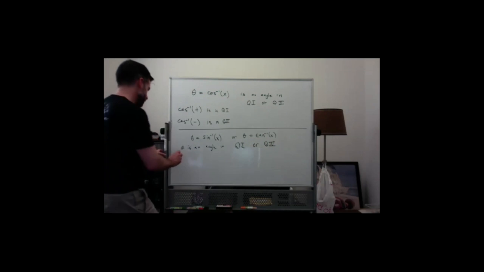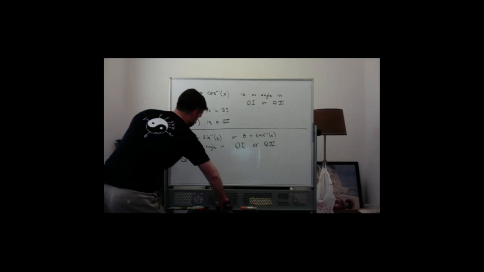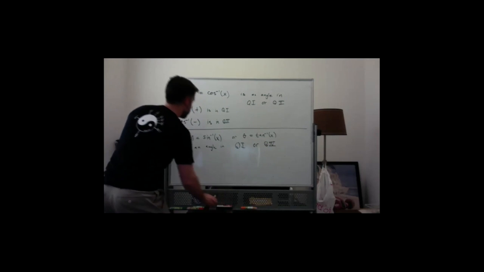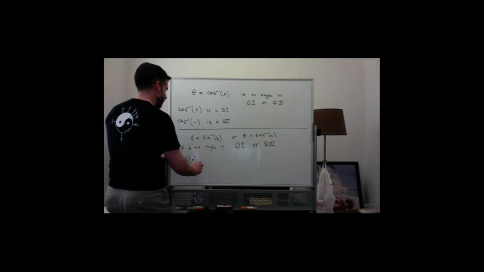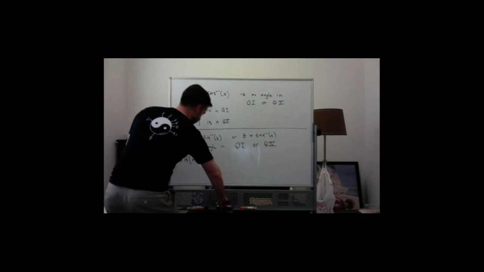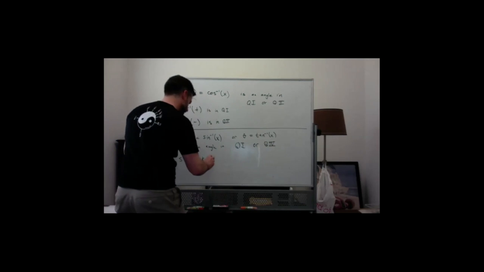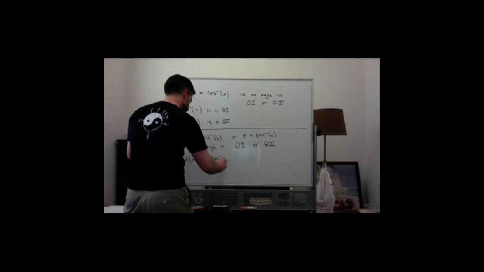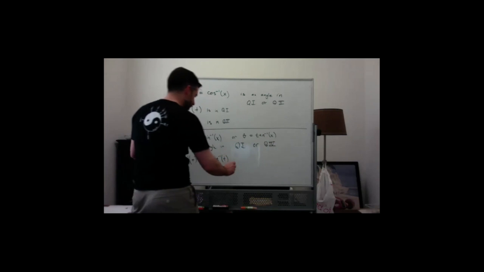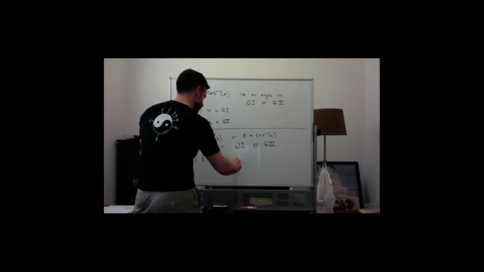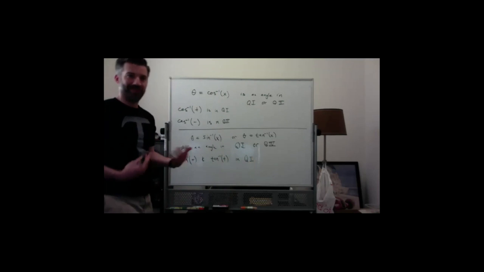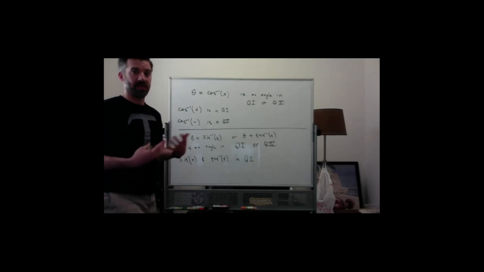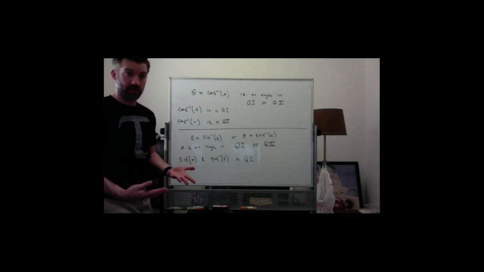Specifically, inverse sine of a positive number and inverse tangent of a positive number, those are both angles in quadrant 1. Because sine of an angle in quadrant 1 is positive, and because tangent of an angle in quadrant 1 is positive.